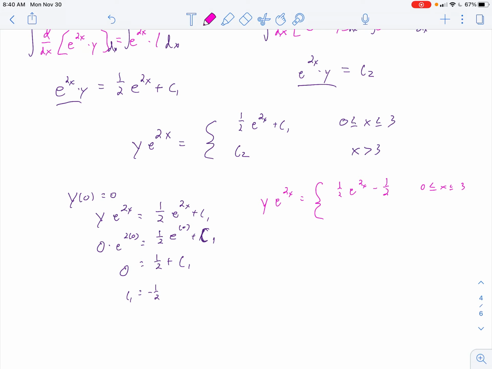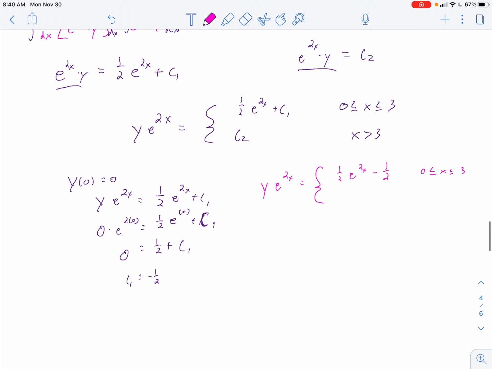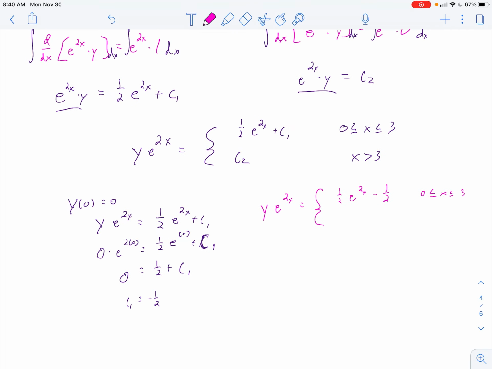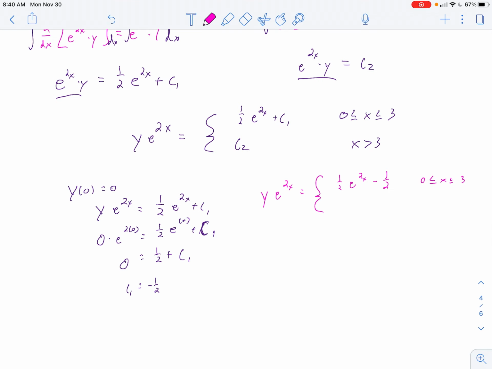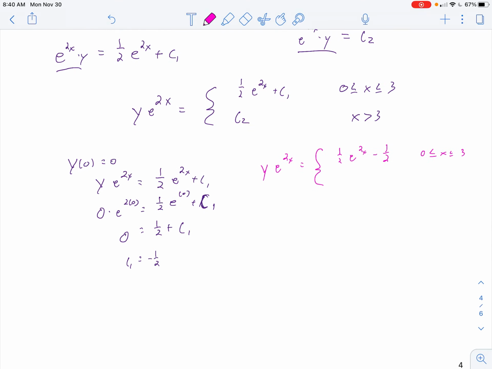Now, because this has to be continuous, and we're not given any initial value for the second part to find c sub 2, c sub 2 is just going to be equal to our function 1/2 e to the 2x minus 1/2, because we already know what that is.